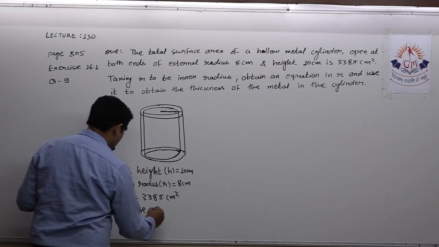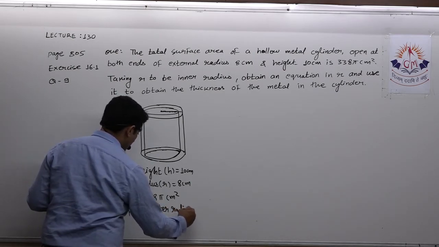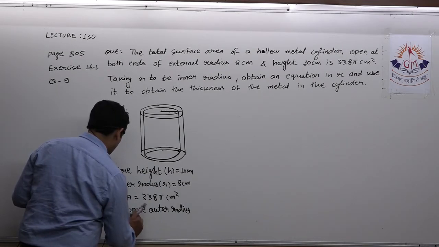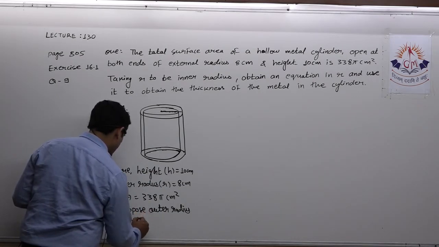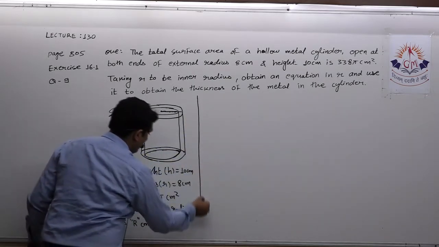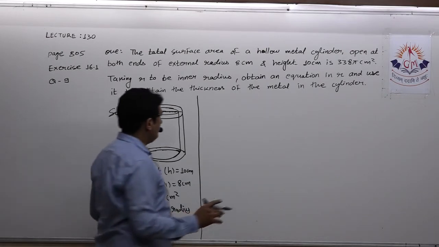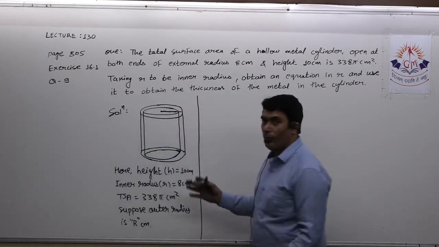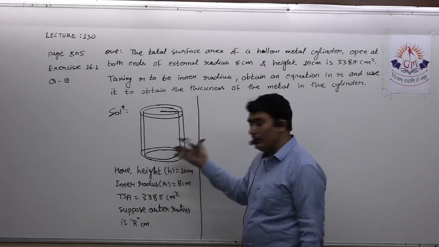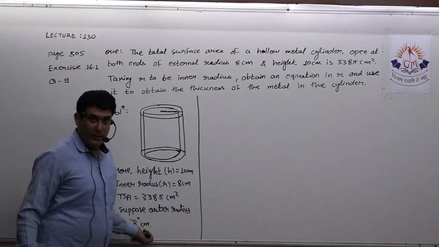Suppose outer radius is capital R centimeter. Okay, so we have inner radius, we have total surface area, we have outer radius. So first of all, we'll apply the formula of total surface area of this hollow cylinder, and we'll keep the values of r and h, and definitely we'll get the capital R.